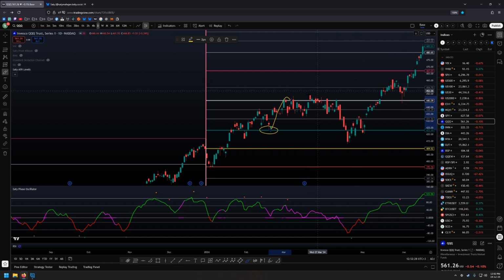We don't care about what happens next, but basically the golden gate is if the 38 is touched, there is a very high chance, like 80% plus, of tagging this one here. And a pullback from the 38 back to the entry point, this area will behave as support moving forward very likely, or even if it pulls back here, this is still a good entry to go for this move here.